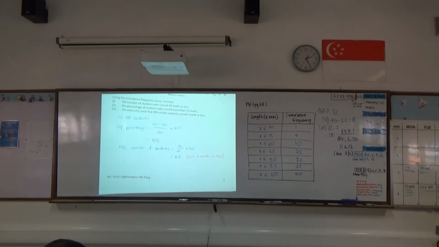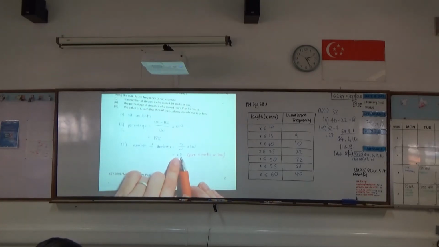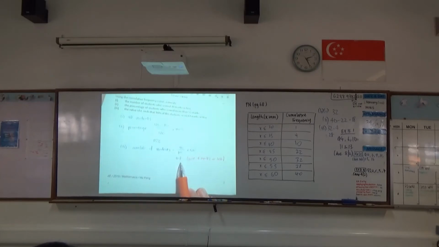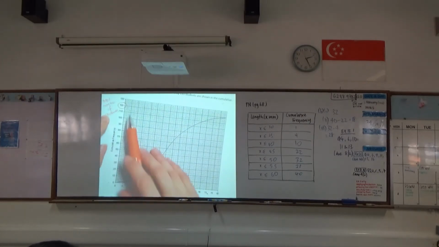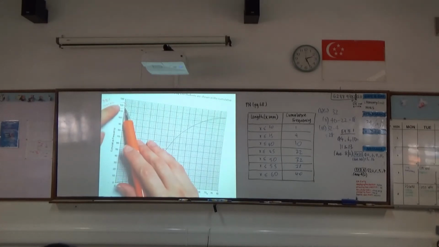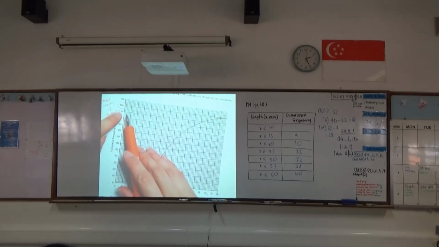Okay. I'm just putting in this statement here about scoring T marks or less because if I want T marks or more, then it's a different process. But let's just deal with this first. So we are looking at 108 students. Go to the graph. I identify where is the 108, which is over here.